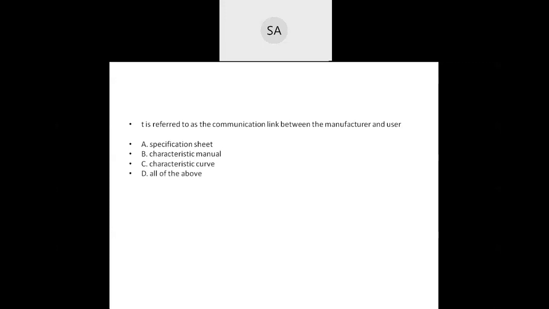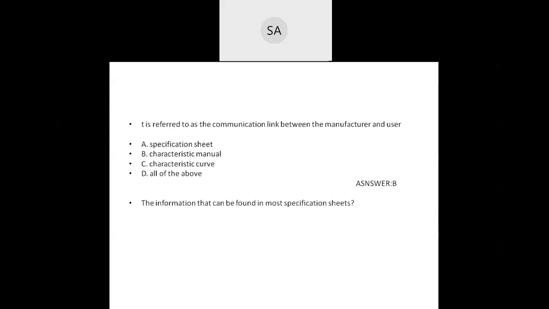I think the answer is the characteristics manual. It will be used as a link between the manufacturer and the users. By using the characteristics curve, you can also identify the functionality of the circuit.